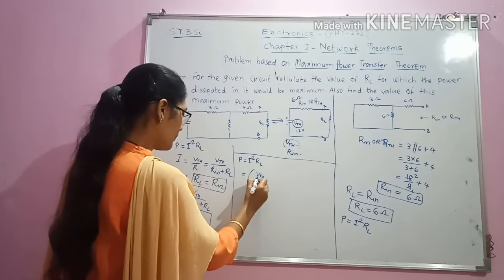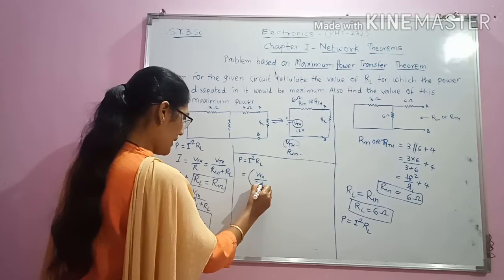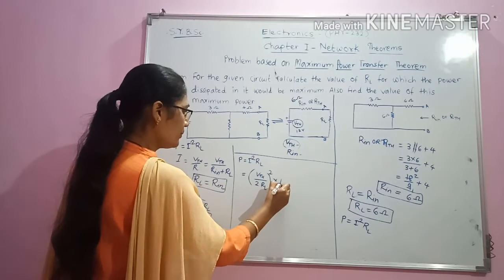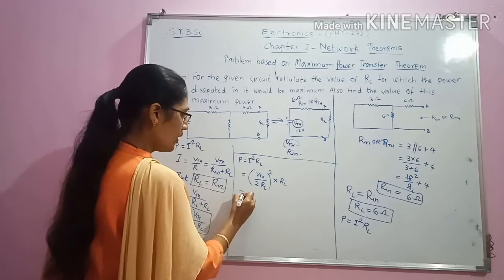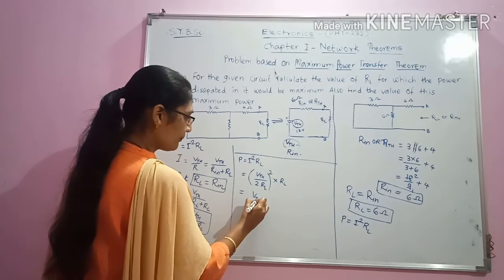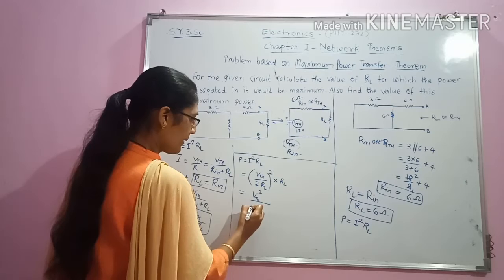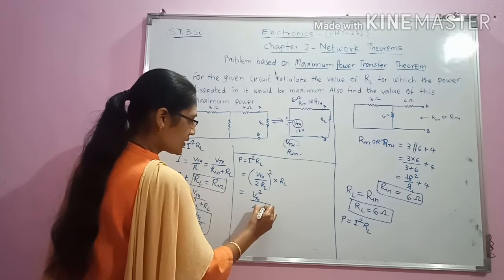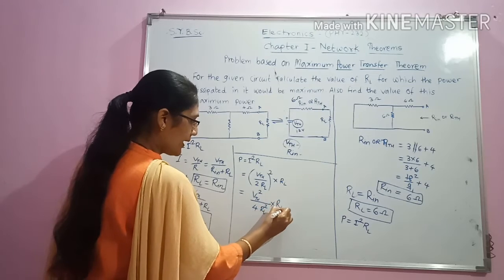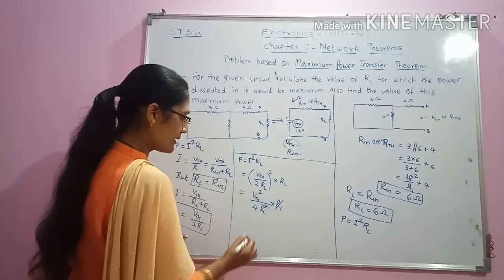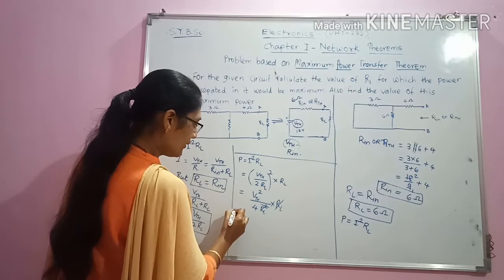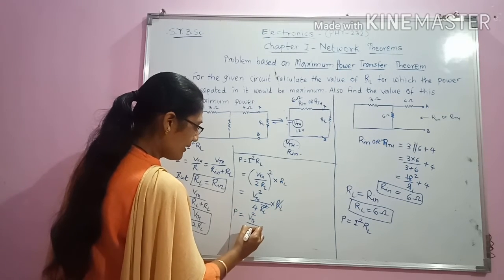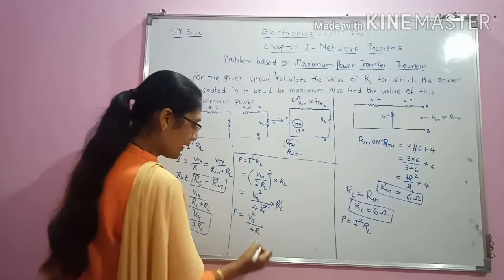VTH, that is the equivalent voltage, divided by 2 RL, bracket square, into RL. So VTH square divided by 2 square, that is 4, into RL square into RL. One of the RL will get cancelled, and we will obtain the value of power as VTH square divided by 4 into RL.